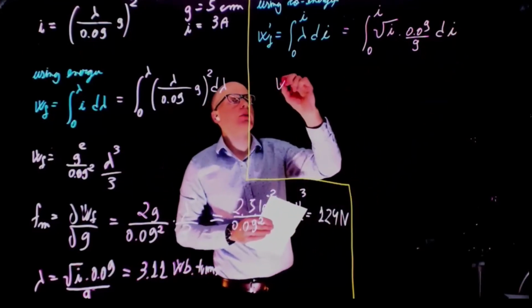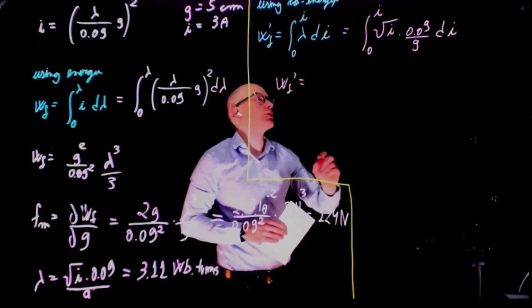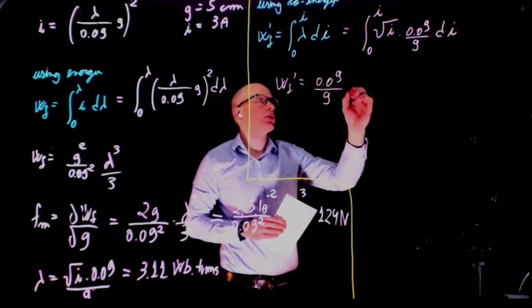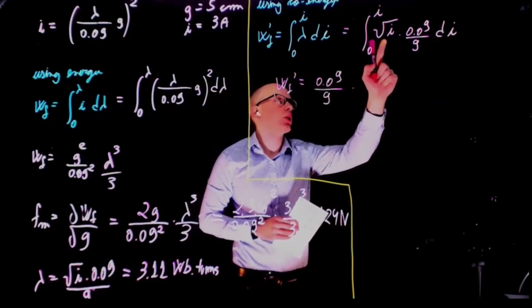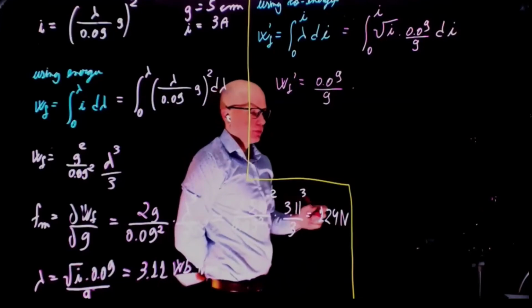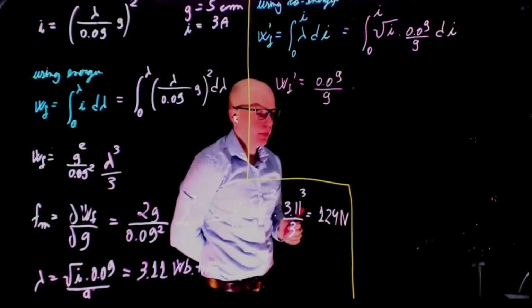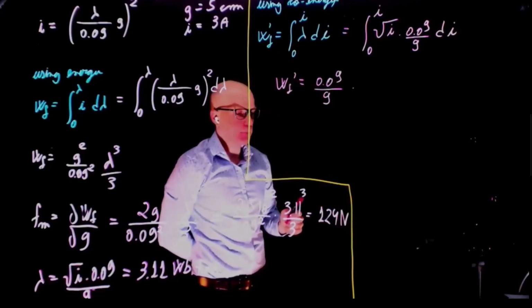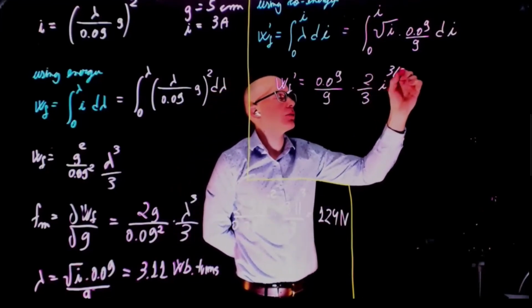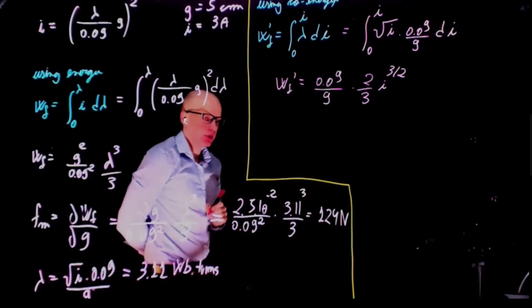If you take that integration now, what is the result? It's 0.09 over G times the integral of the square root of I di. What is the integral of the square root of I? Is it 2 over 3 times I to the power of 3 over 2? Exactly. Here we have it.